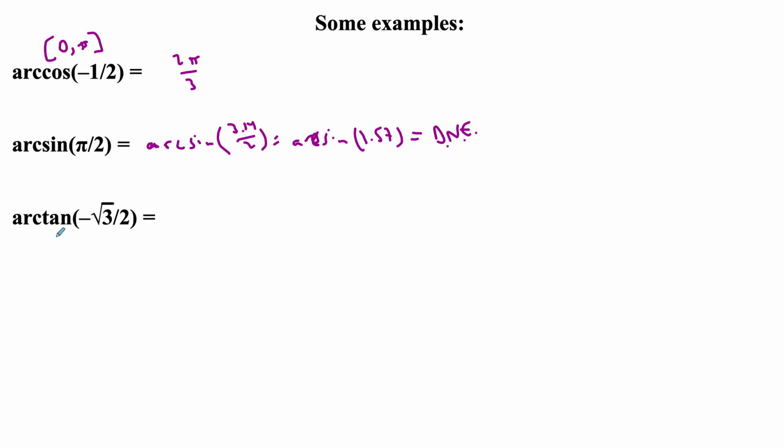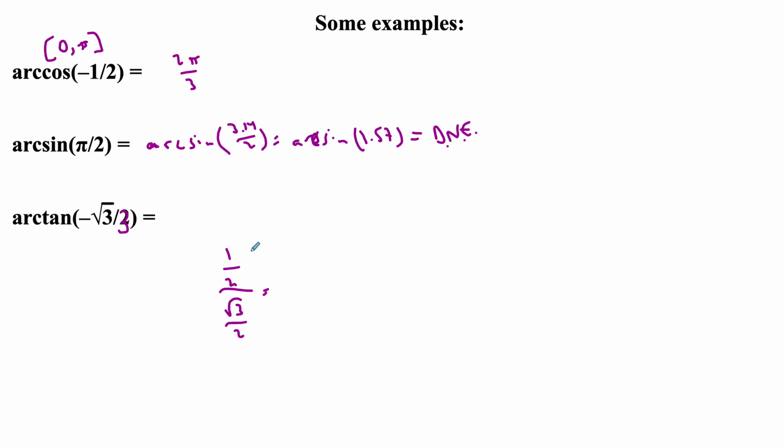All right, the arc tangent of -√3/2. Actually, that should be -√3/3. My bad. So this you have to do a little bit of thinking. How do we get -√3/3? If you think about how tangent is calculated, it's sine over cosine.